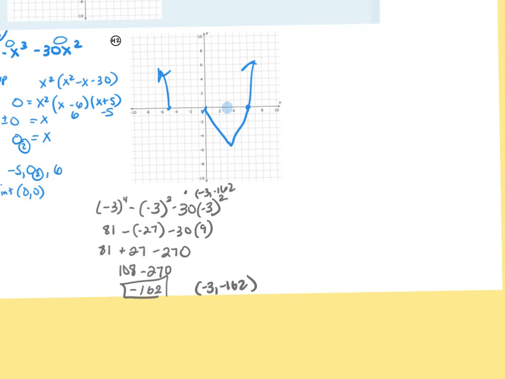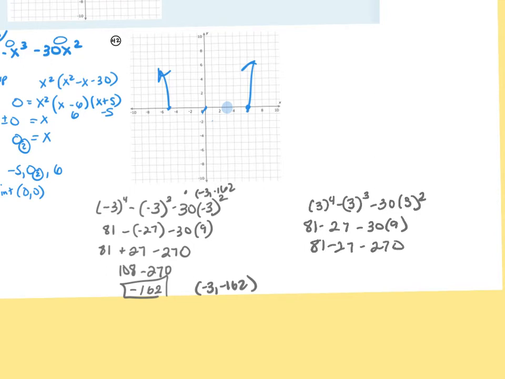And then I also want to do the same thing with +3. And again, I'm just going to plot it 3, -216.